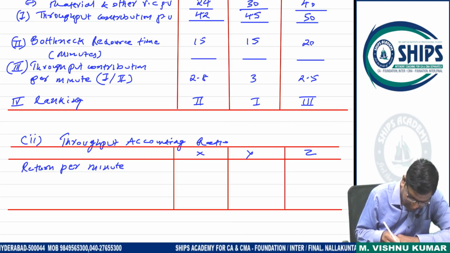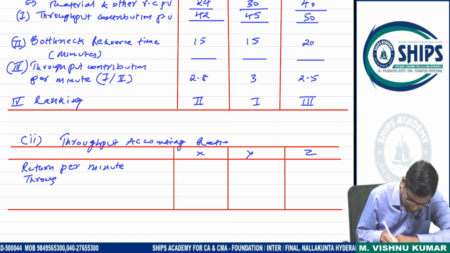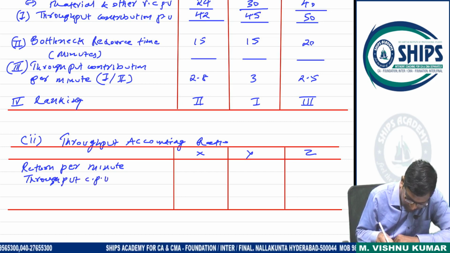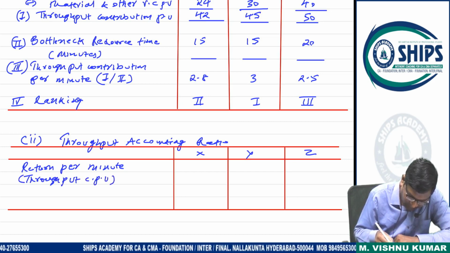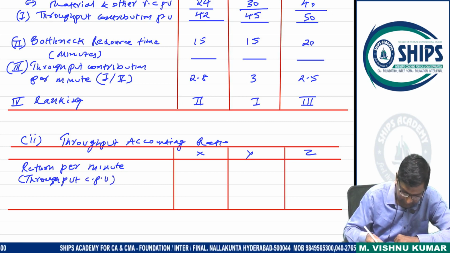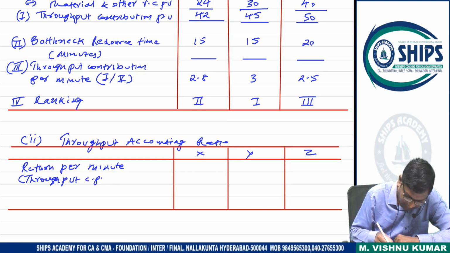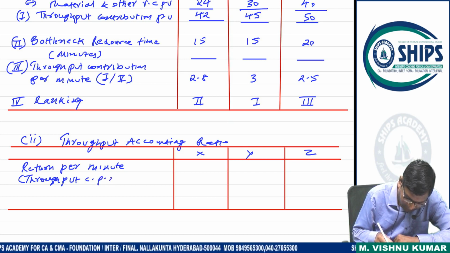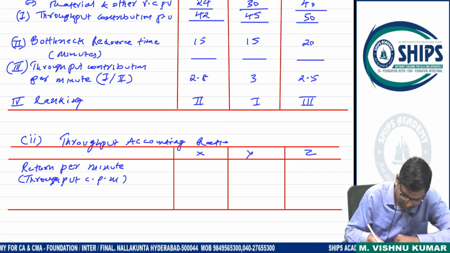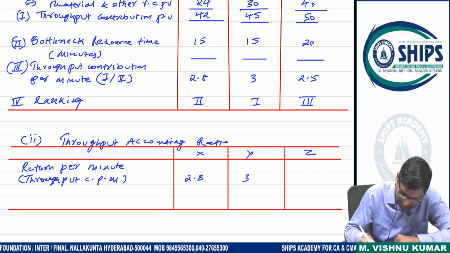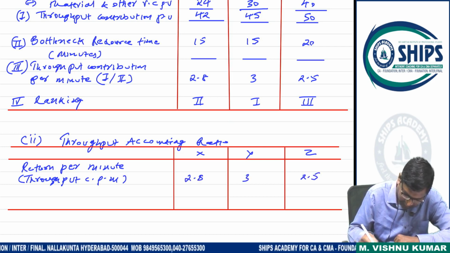Return per minute is the throughput contribution per unit, per minute, sorry. So this is 2.8, 3, 2.5.